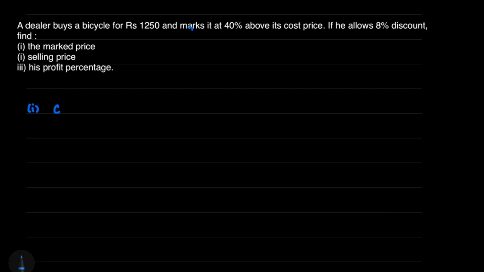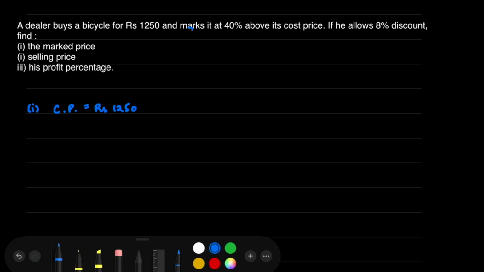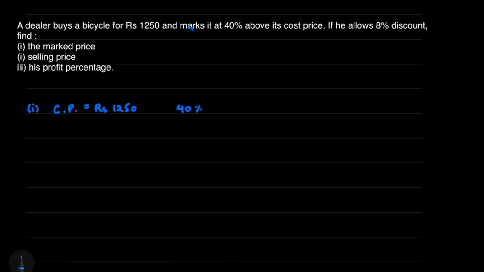So we know that the cost price, or the price at which he bought the bicycle, is rupees 1,250, and he marks it up 40%. So when we need to find the MP, or the marked price, over the cost price, and we have been given how much markup he has done, in this case 40%, then the marked price would be the cost price plus the percentage marked, which is 40% of cost price.